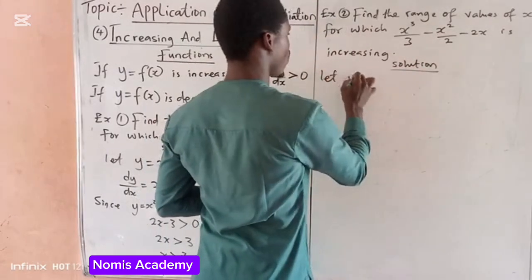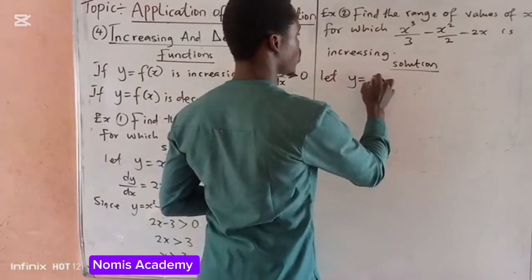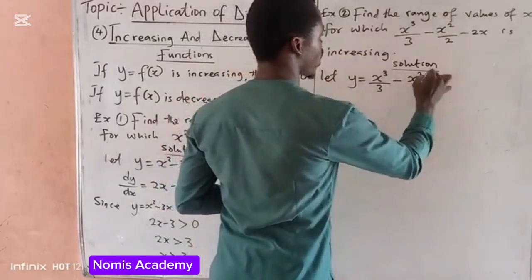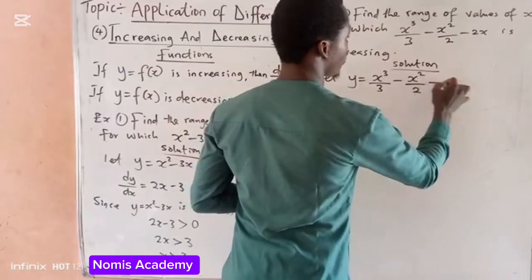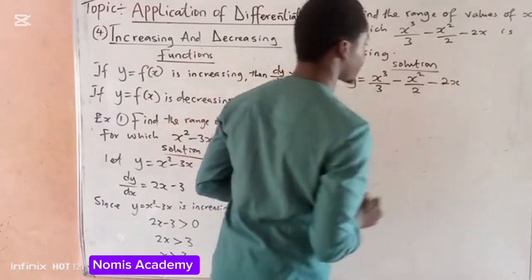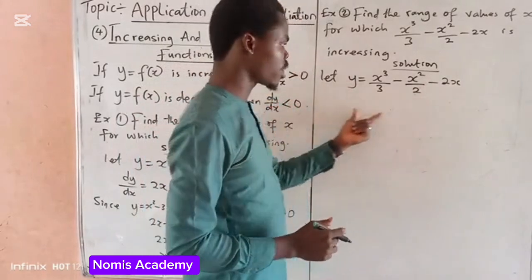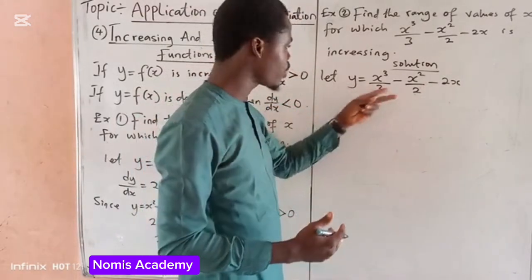Let y equal to x cubed all over 3 minus x squared all over 2 minus 2x. I'm going to find the dy dx of the function, that is the derivative of the function.